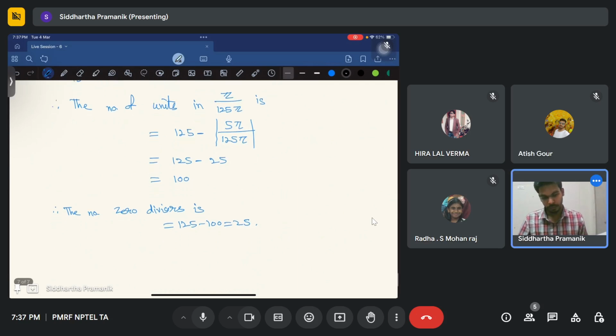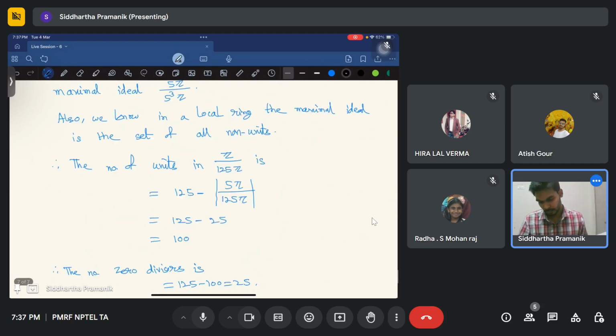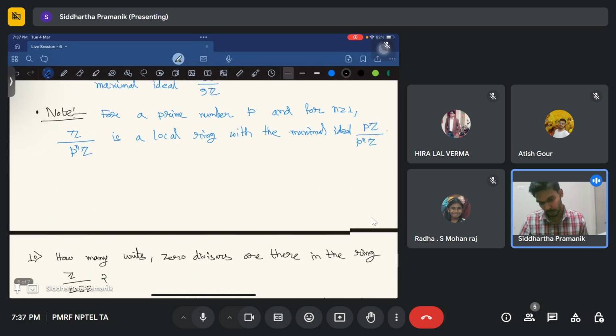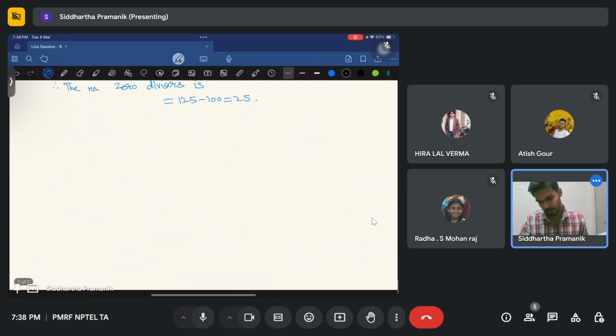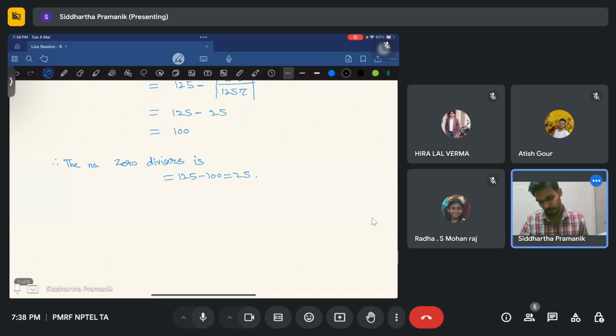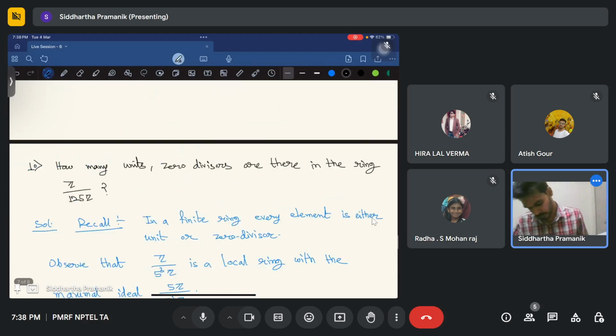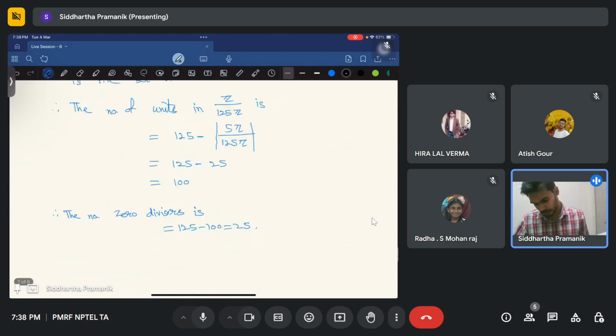Okay, so let's move on then. So we have done local rings and some problems. Okay, let's do some multiplicative subsets. Problems 10, 11.